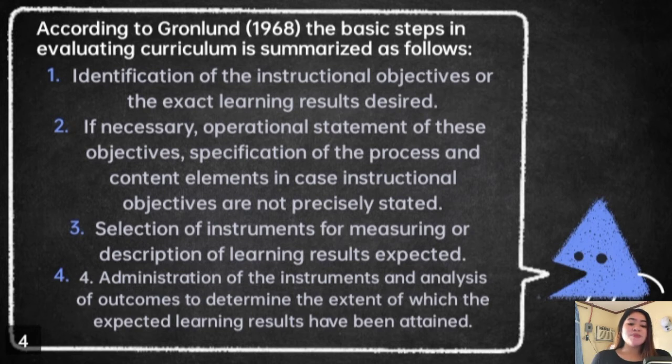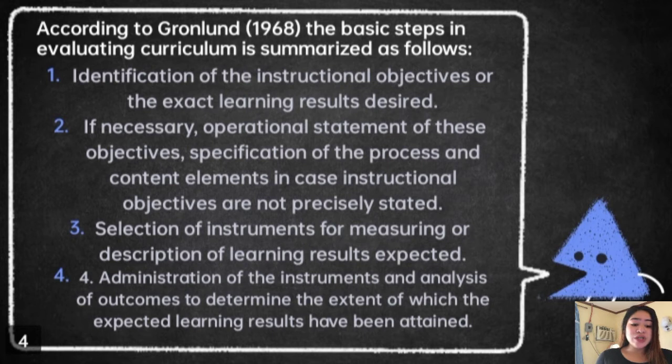Next step is, if necessary, operational statement of these objectives, specification of the process and content elements in case instructional objectives are not precisely stated. So the second step is where all the objectives and content are reviewed thoroughly to see the objectives that are not precisely stated.